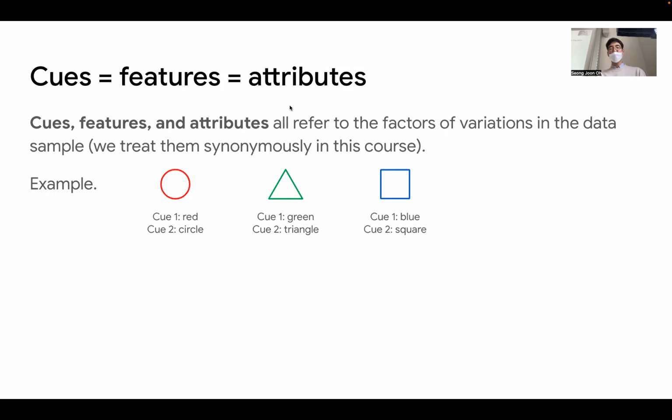I equate attributes with cues and features. They all refer to the factors of variation in the data sample. So for example, for this red circle, the two cues that stand out could be red and circle. And the same goes for this green triangle and blue square.